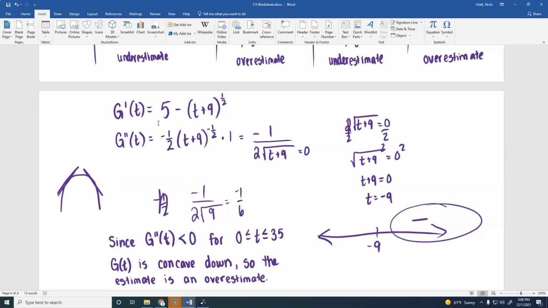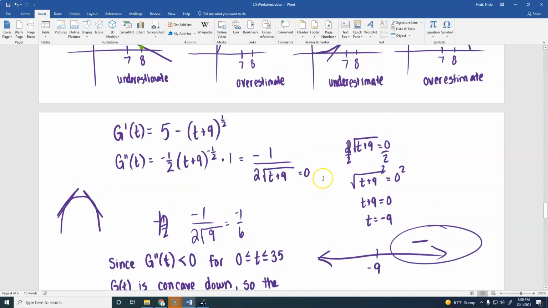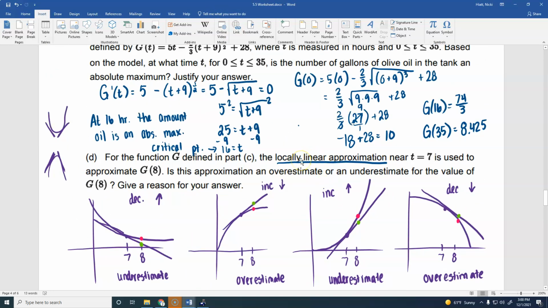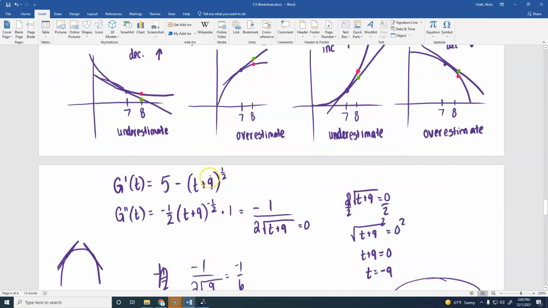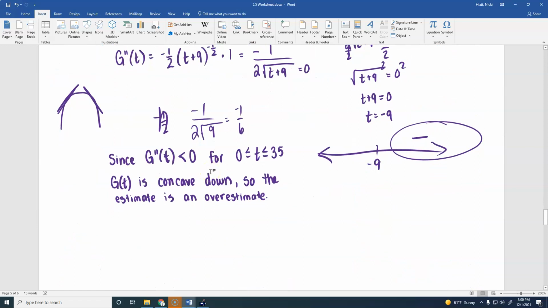So what is being added to that here is that if a function is concave down, the tangent line is going to be above, so a tangent approximation, or they call it a local linear approximation here, locally linear approximation, which is sometimes it's called a tangent line approximation. If the tangent line's above, it's an overestimate. If it's below, it's an underestimate.